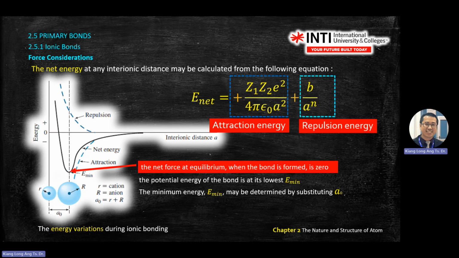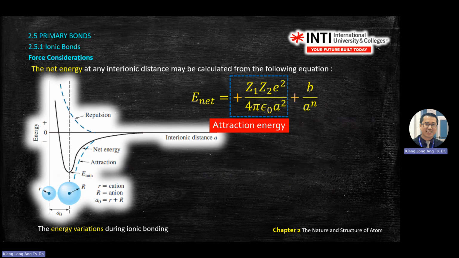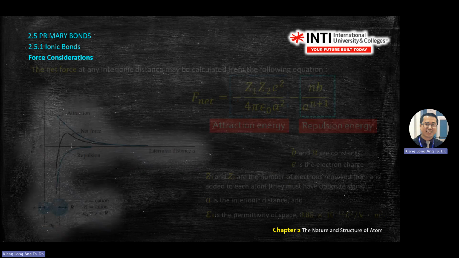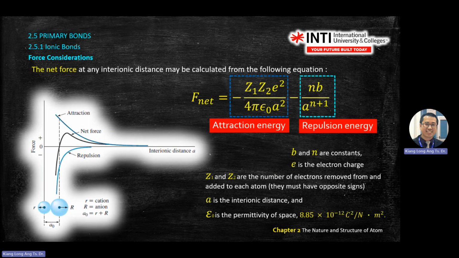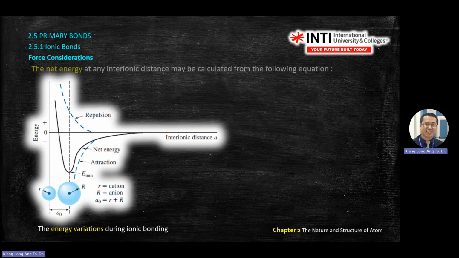This is energy. So you see our energy at equilibrium is below negative. Below negative at equilibrium. Look at the forces. Force at equilibrium is 0. But for energy, equilibrium will be on the negative side.